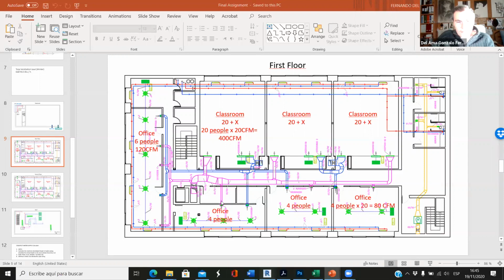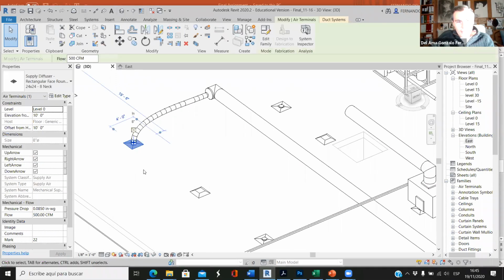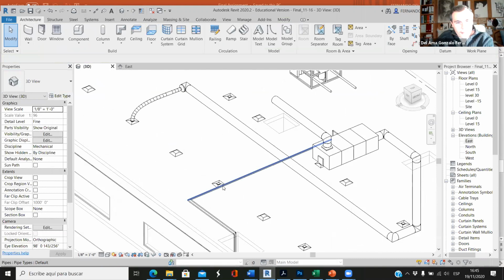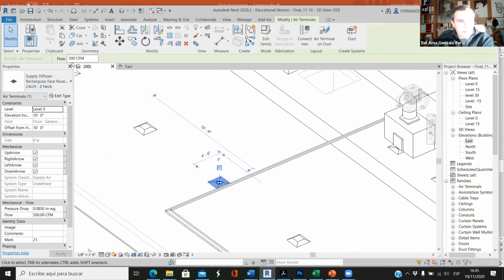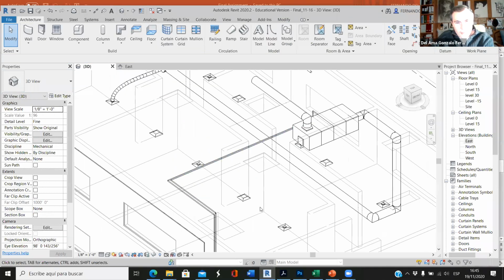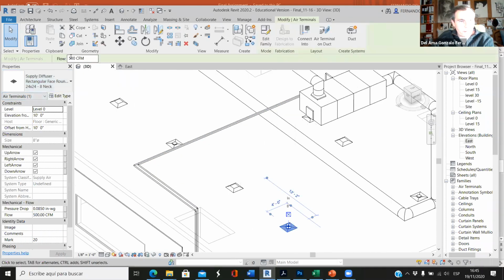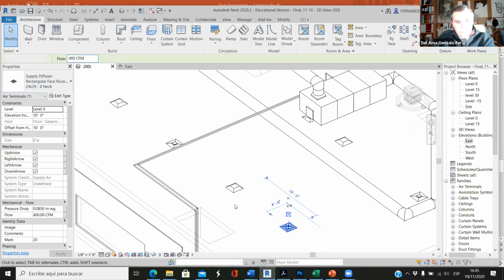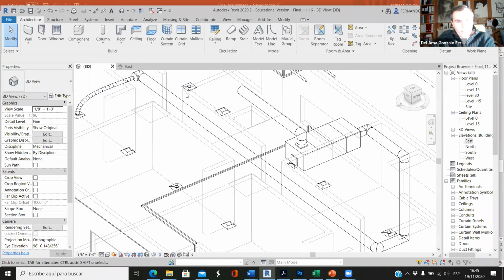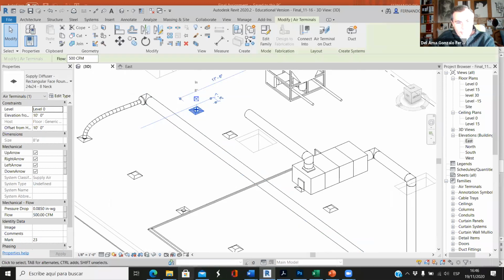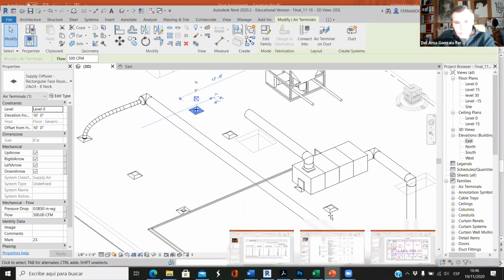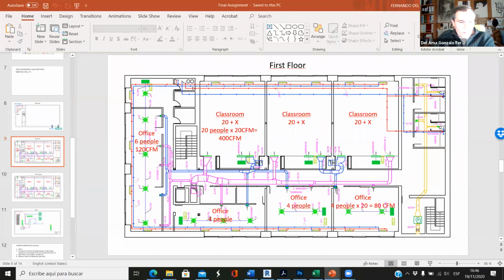Okay, so this is the first thing we have to do. We have to select the supply diffusers, and here we have to type 400. This is another supply diffuser, so this is 400. And this is another one, and it's 400. What about the office space? Do we have 20 people here? No, in this office space, we only have 4 people, 4 and 4.